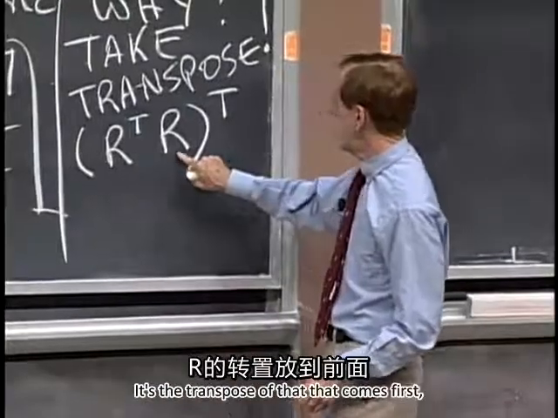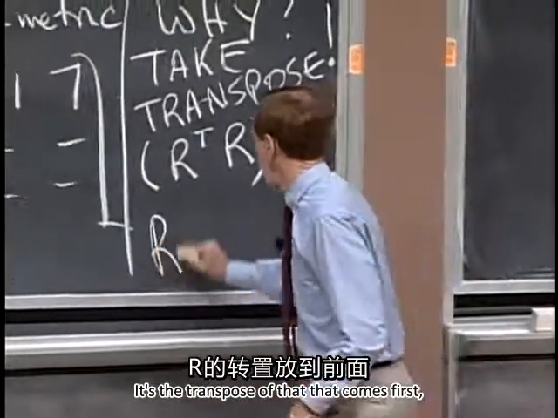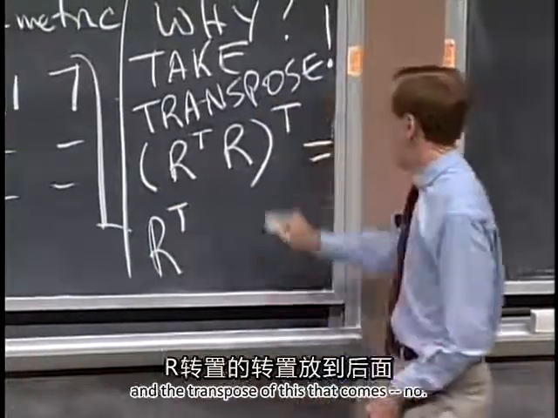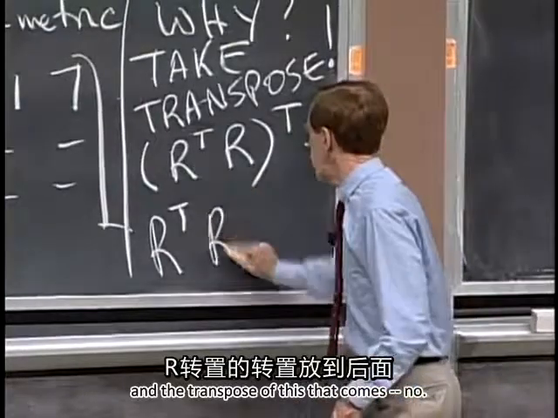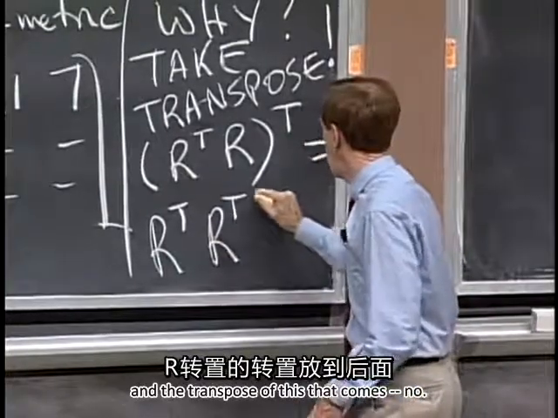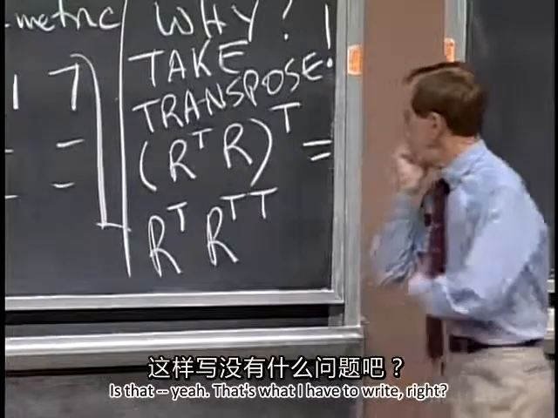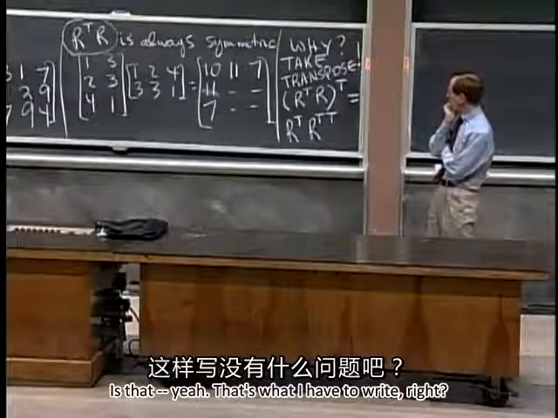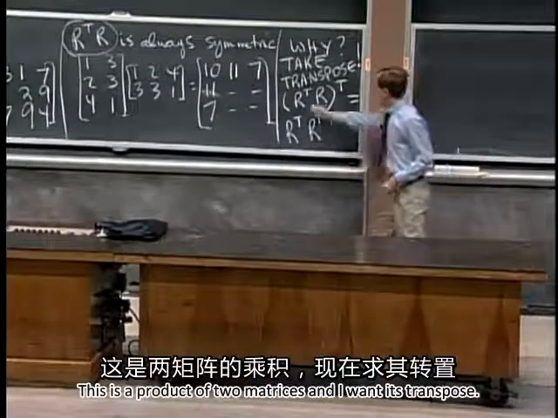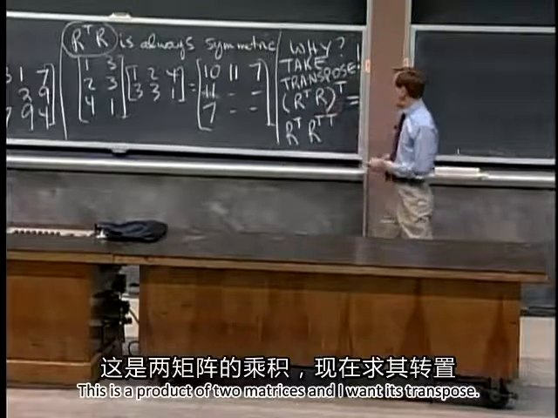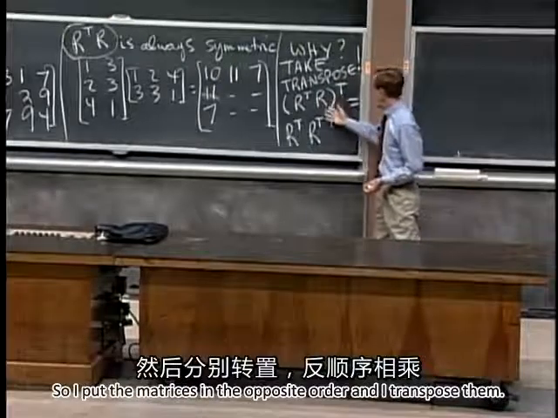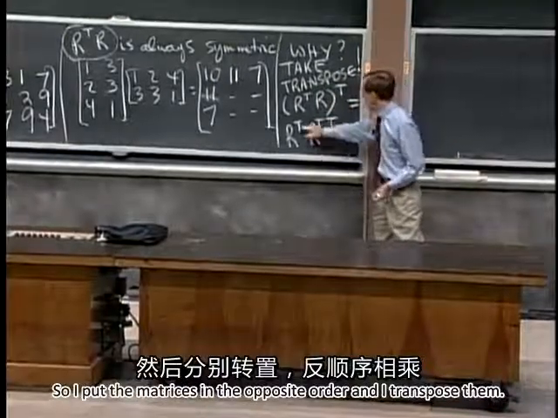It's the transpose of that that comes first, and the transpose of this that comes now. Is that what I have to write, right? This is a product of two matrices, and I want its transpose.